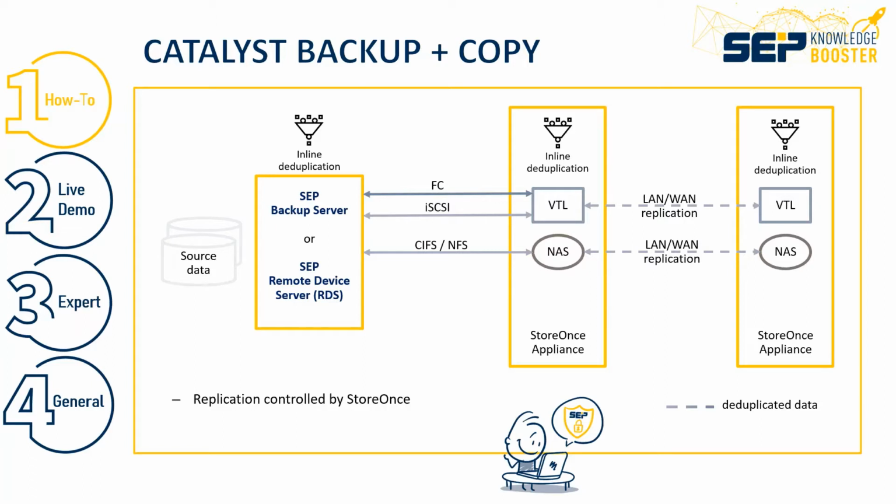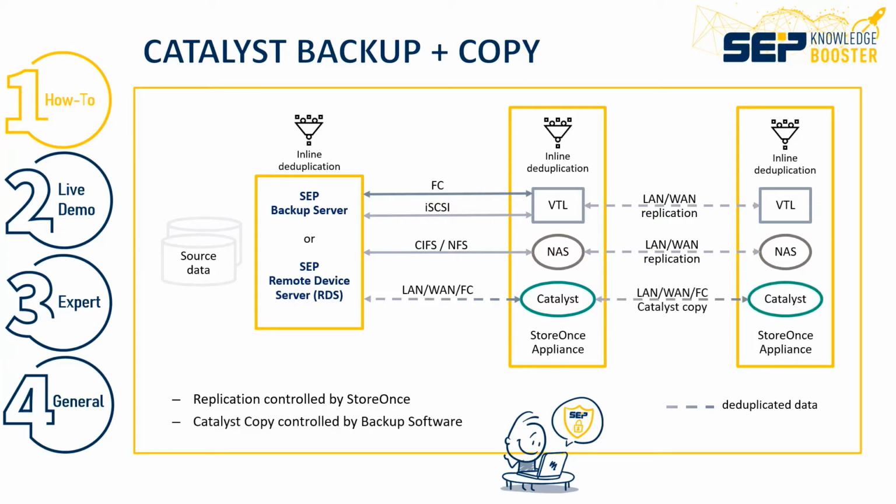But if you are using the Catalyst interface, then the backup server itself triggers the API and writes the backup data via the Catalyst interface to the StoreOnce, and the backup server also triggers the replication to a second StoreOnce via the Catalyst copy, and then we have the knowledge that there is a replicated backup copy and we can use it for restore purposes.